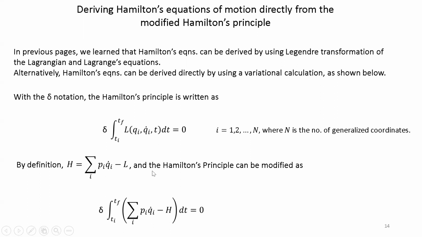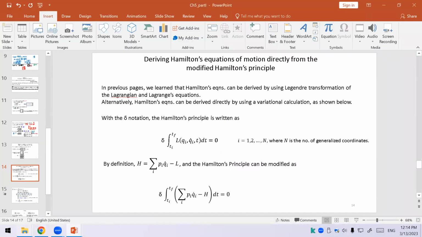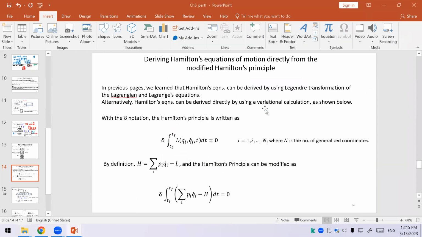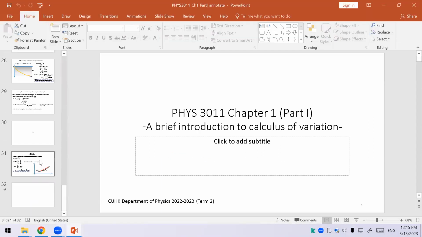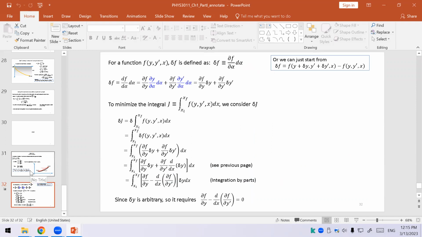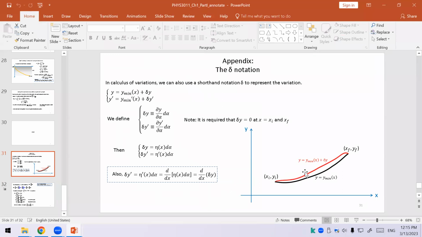For those of you who don't remember the delta notation, just recall that in the last two slides of chapter 1, I introduced the so-called delta notation, when we try to vary the path that we consider.